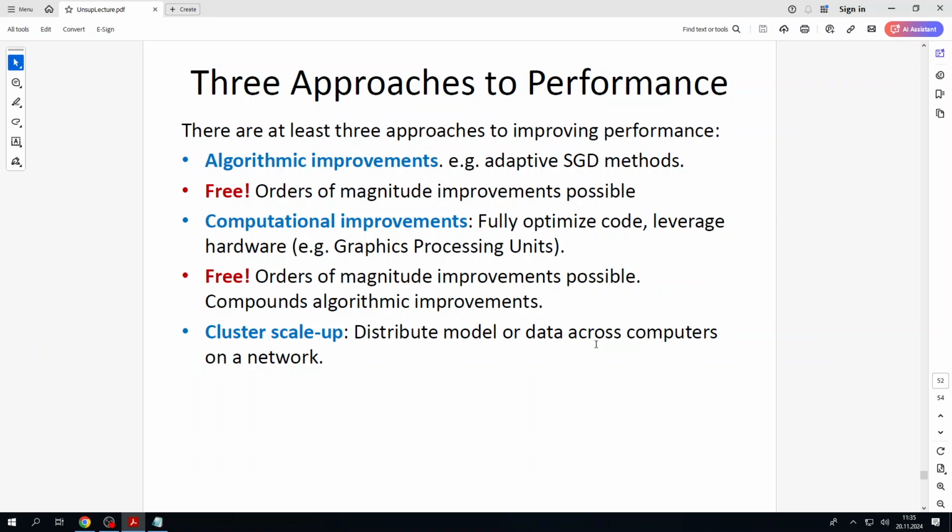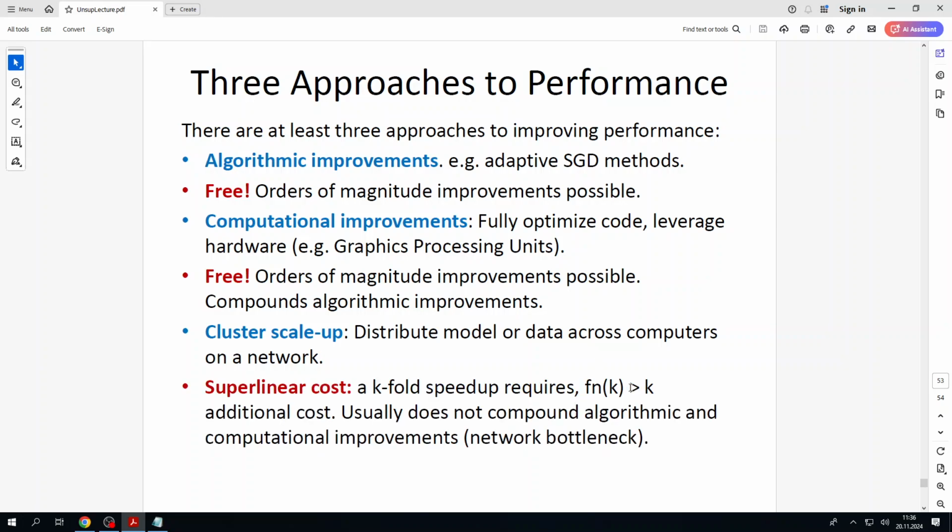Let's say you have a very powerful processor, but your code only uses 1 core of it. So you want to make your program run on multiple cores instead. Again, this is cost free.